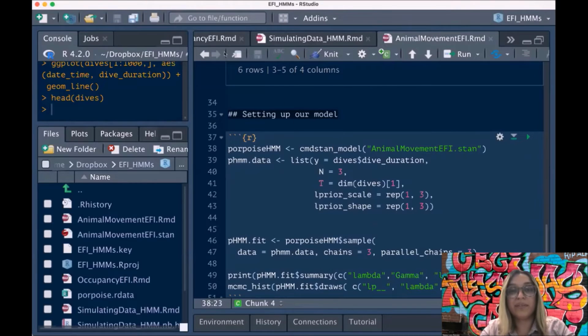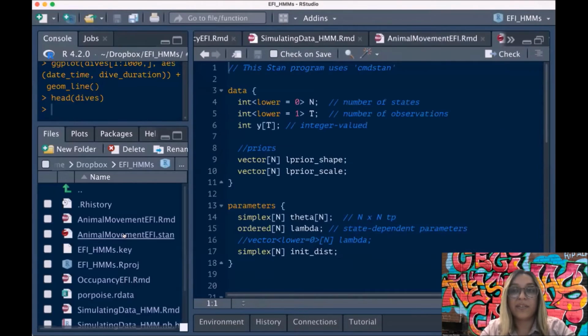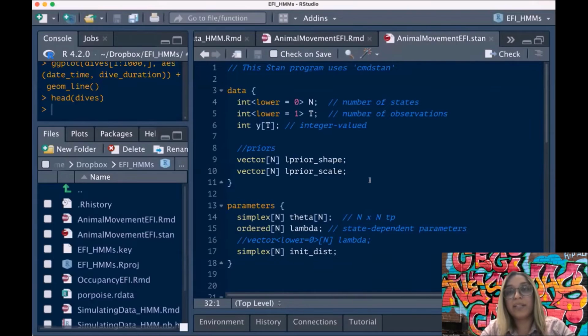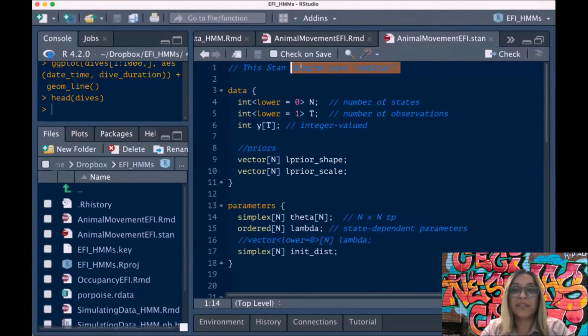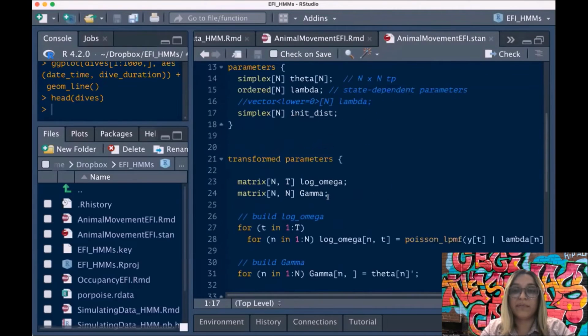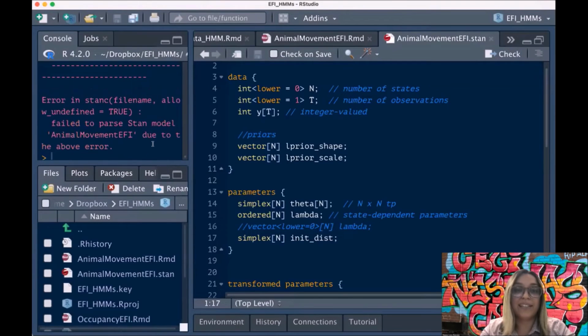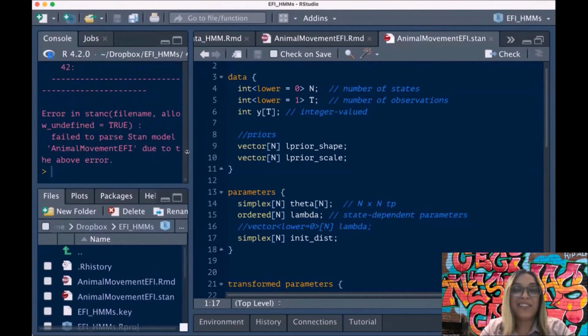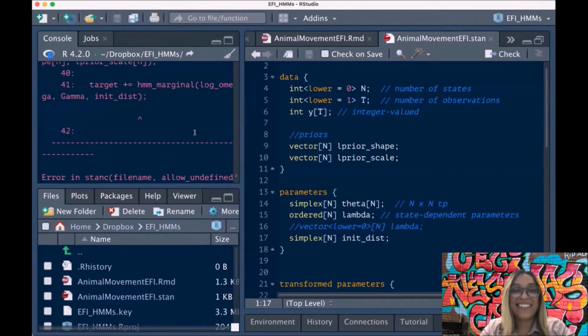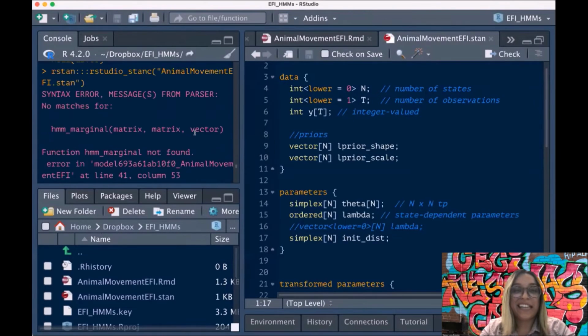So to set up our model, we write some Stan code. So this program uses cmdstan. So if any of you have used Stan before, what people typically do is they write the Stan function, some Stan code, and they'll check: is my code syntactically correct? And you'll notice that there's all these errors.